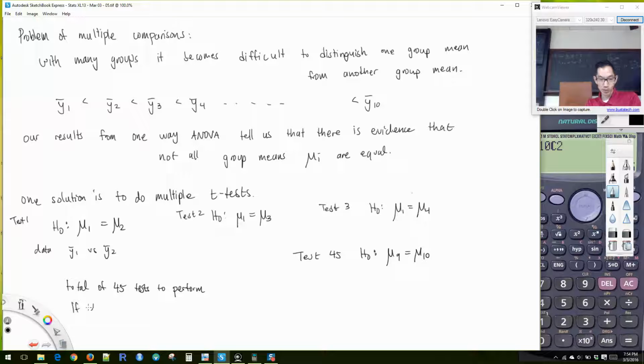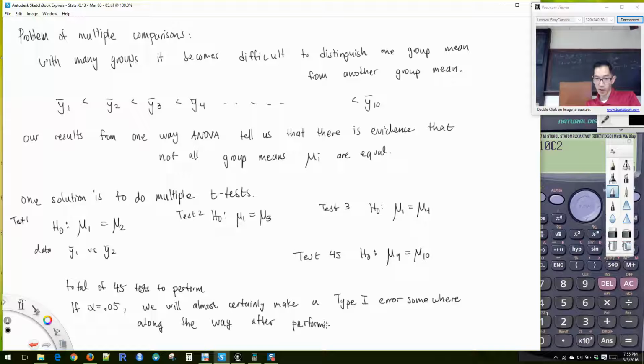So if alpha is equal to 0.05, we will almost certainly make a type 1 error somewhere along the way after performing t-tests.